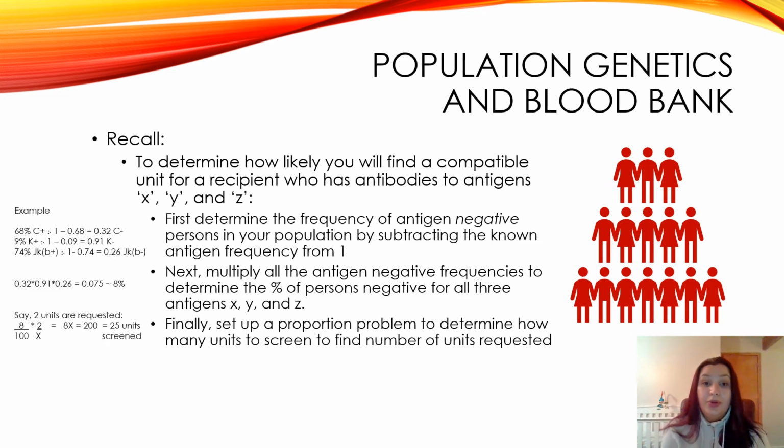Next, we will multiply all the antigen negative frequencies to determine the percent of persons that are negative for all 3 antigens. And then finally, we set up a proportion problem to determine how many units to screen in order to find the number of units requested.